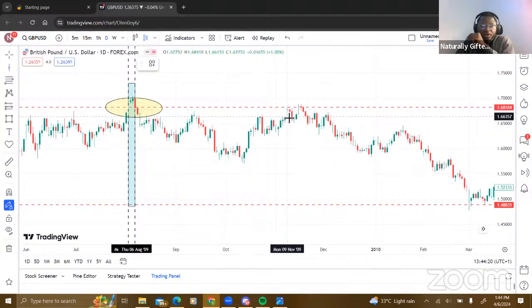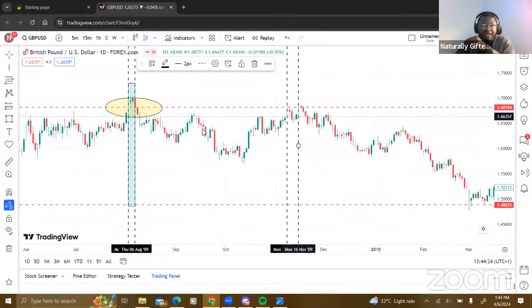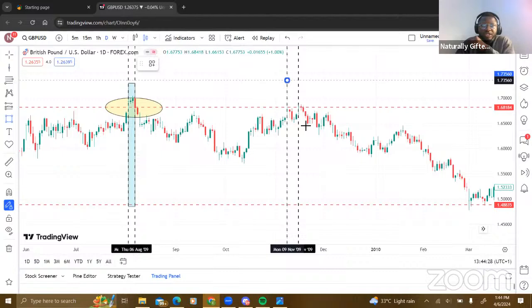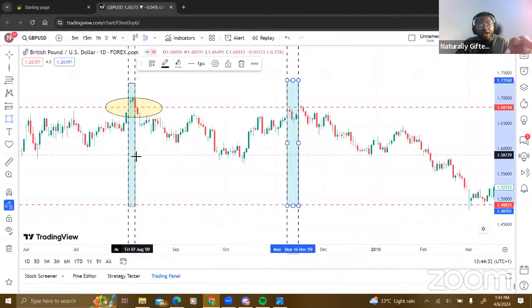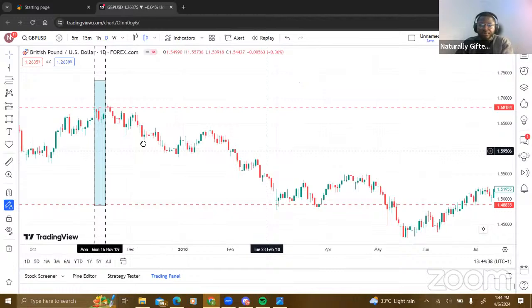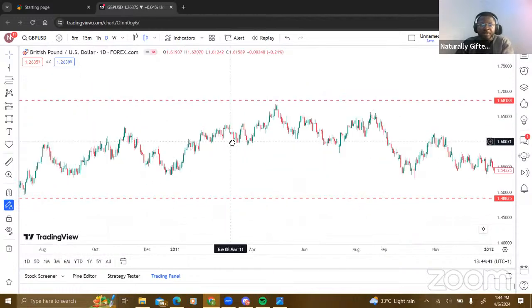In the month of November 2009, a couple of months later, we equally see how GU got to the same spot it got to in the month of August. We see how it got to that point and then it reversed down. Let's move forward. Let me see if price ever came down. Good.